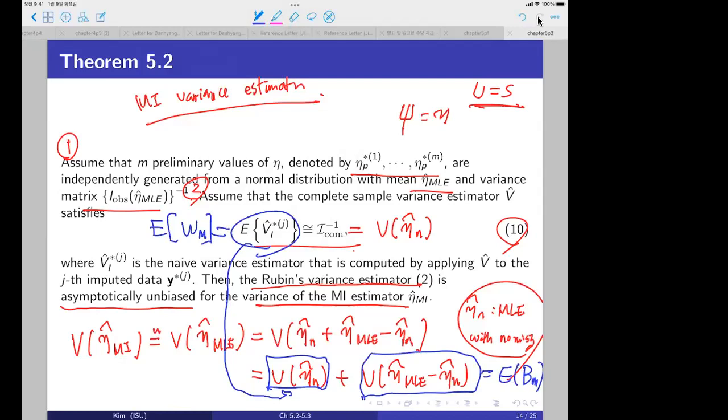So if there's no missing, we have that, but because of the missingness, the variance increases, right? And BM is the sample variance, which is non-negative.